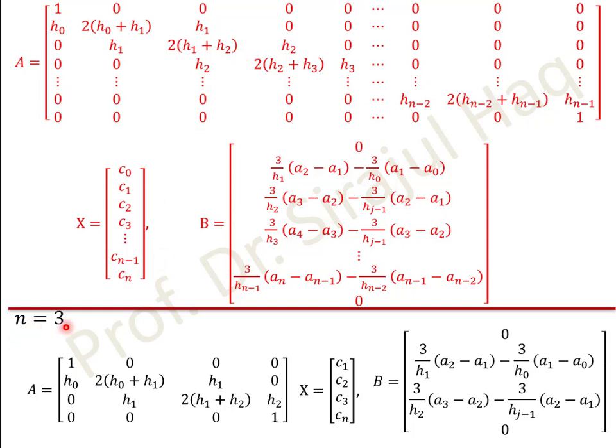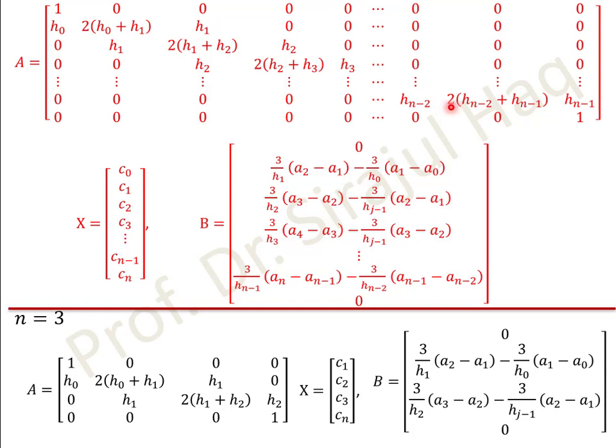N is equal to 3. It gives you H2. See where the last H2 is? It's coming there. So it means that this is your matrix for this particular problem plus the last row. The last value is H2.